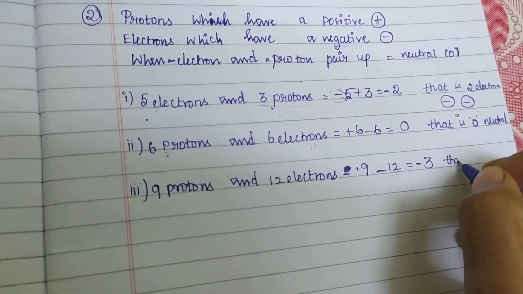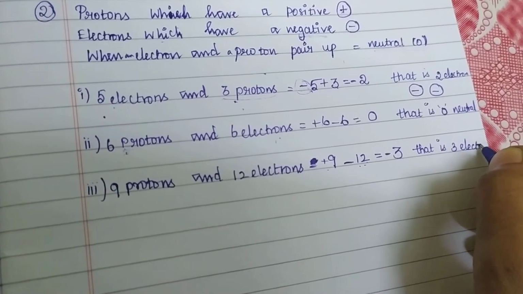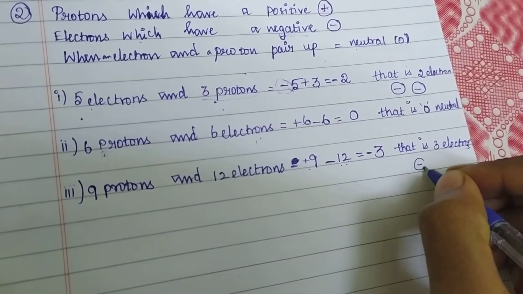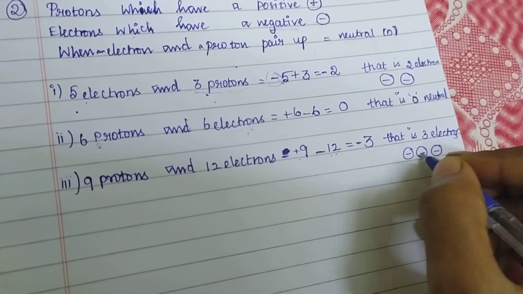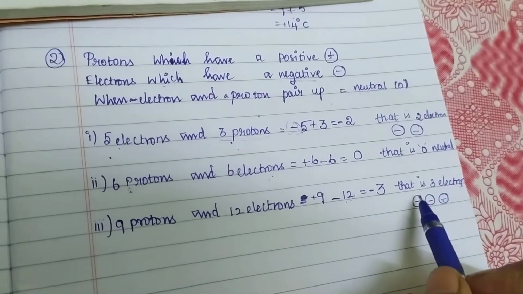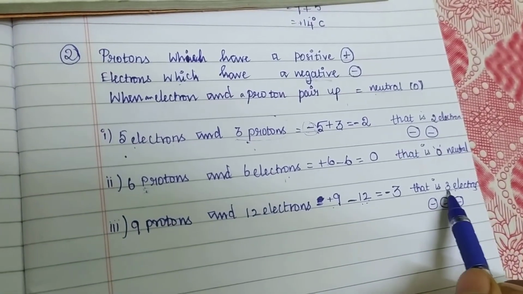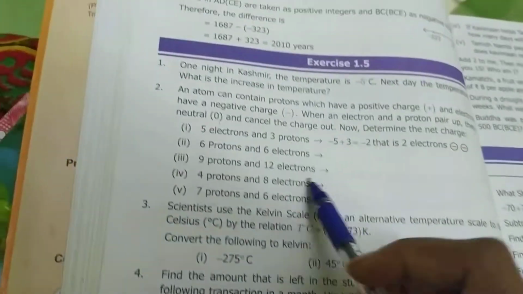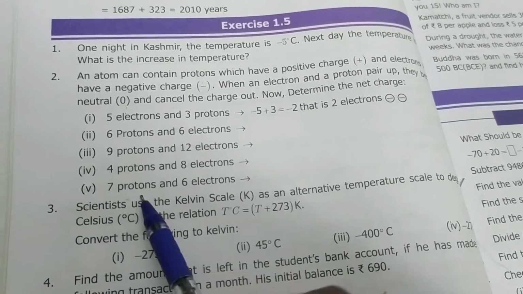That is 3 electrons. 1, 2, 3 electrons. You don't need to mention minus 3 electrons; just writing 3 electrons is enough in this place. The 4th and 5th sums are your homework.